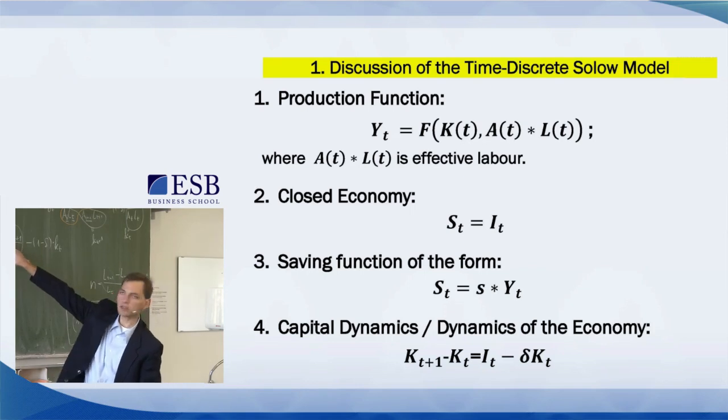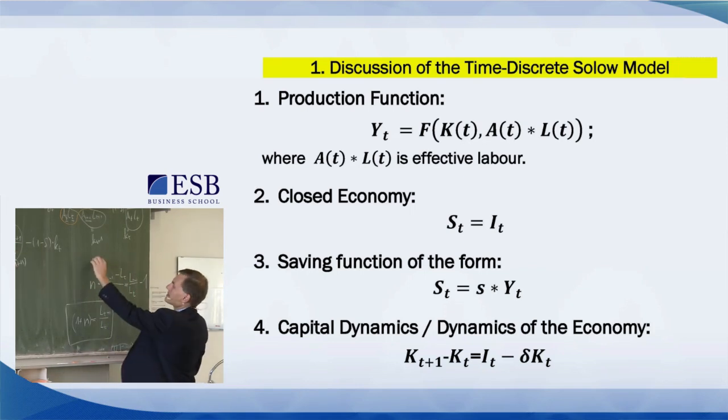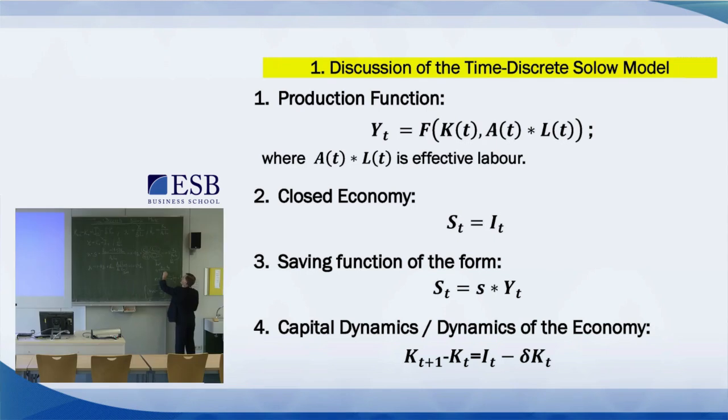And the same holds for my A. I can set up my a as the change of effective labor over time, with the same definition as I did here. Simplifying, you will see that this fraction is 1 plus the growth of effective labor, this little a. So in other words, I can simplify these two fractions into 1 plus a times 1 plus n.